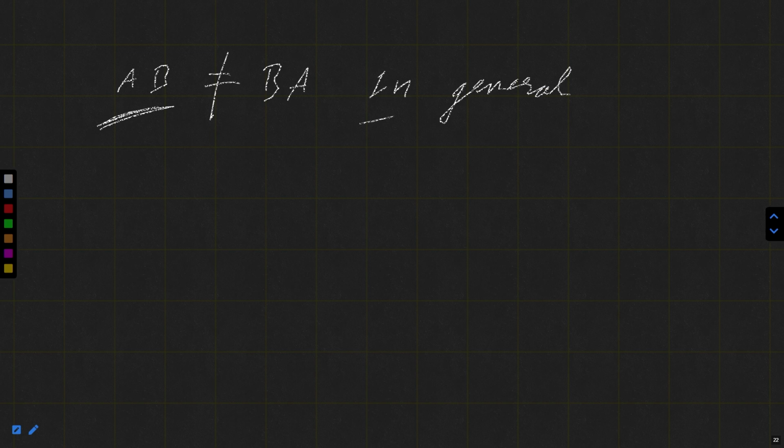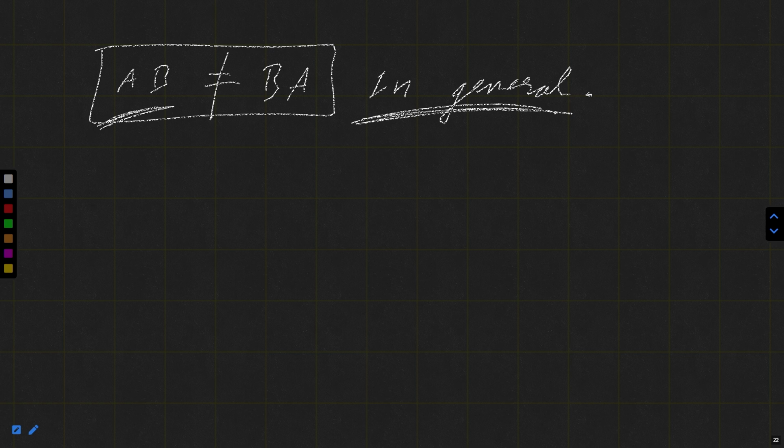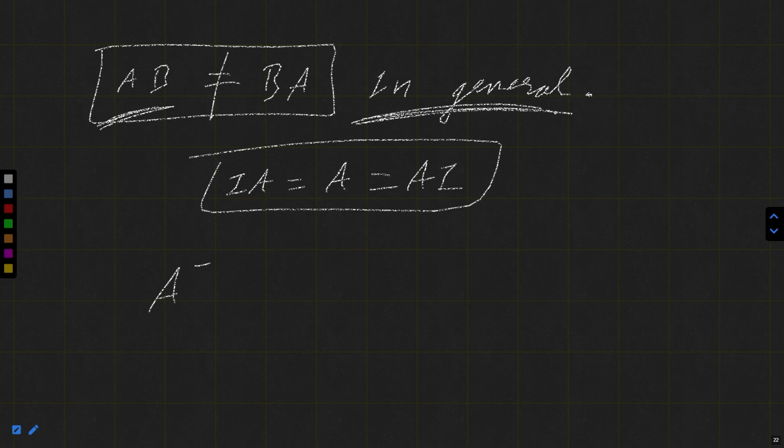Sometimes they could be equal, but not every time. Clear? Please beware of this. And also that IA will always give you A, or AI. And one thing also: A inverse A will be the same as A A inverse.